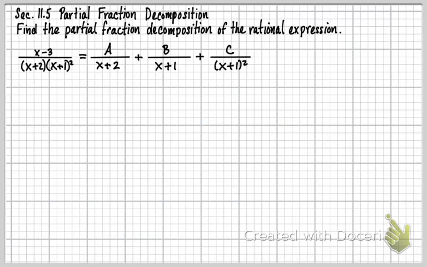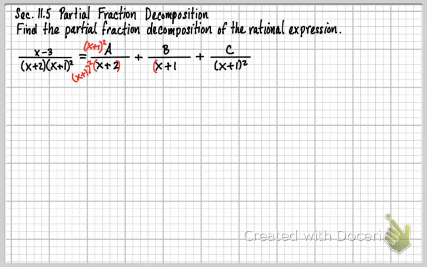Okay, so anyways, on this one here, we're just going to do the same thing we did with the previous one. So now we have to add these together. Again, we're putting this aside for now, and we're just going to deal with the sum of these. For this first one, this x plus 2, we're going to have to multiply the top by x plus 1 squared.